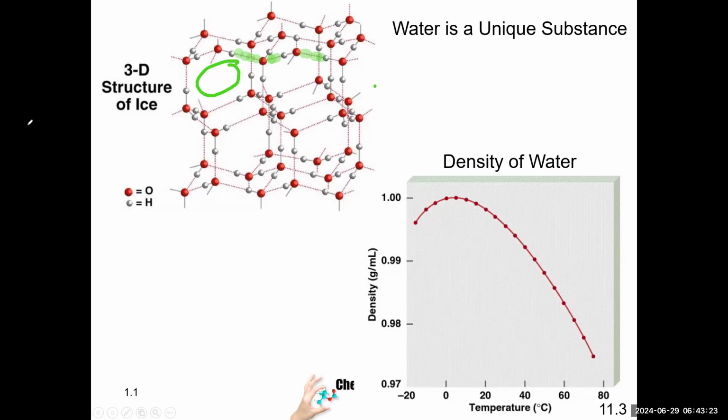White is hydrogen. This is delta minus, this is delta plus. See how they are attracted. During this extensive hydrogen bonding, large gaps are left, and due to these large gaps, ice is less dense than liquid water.